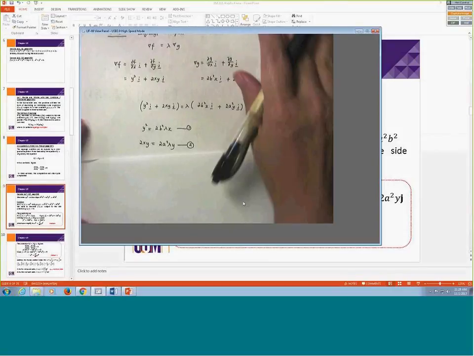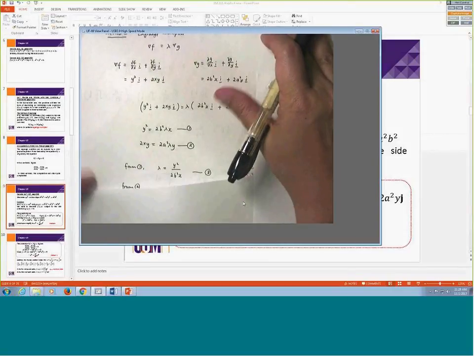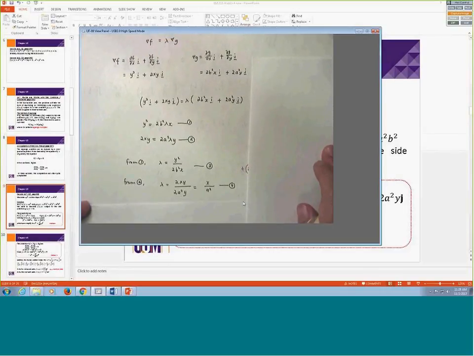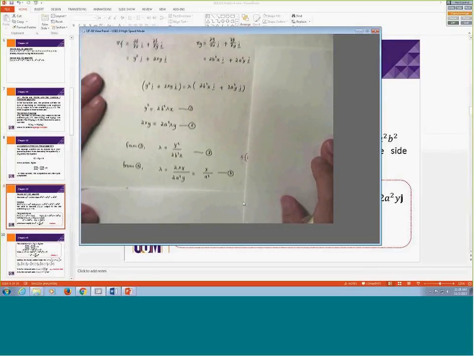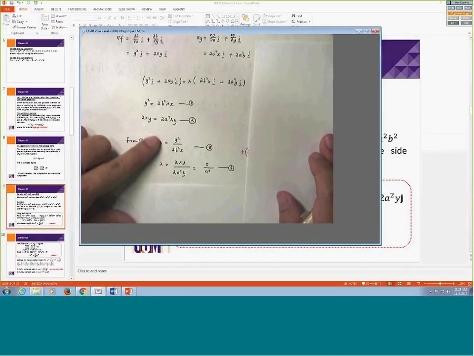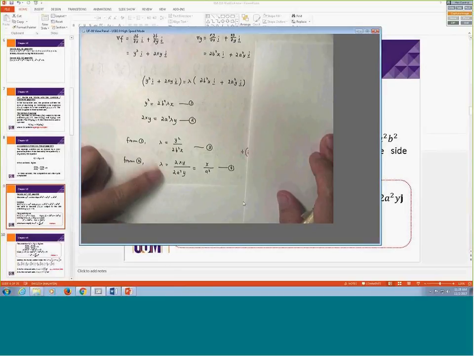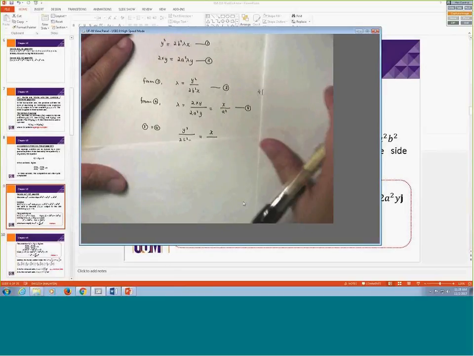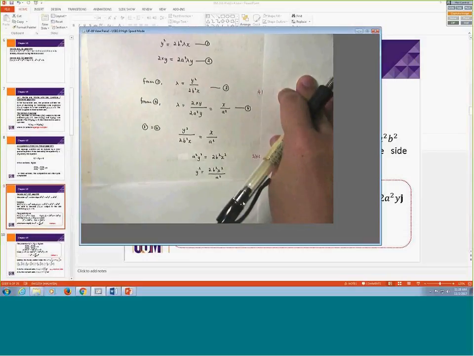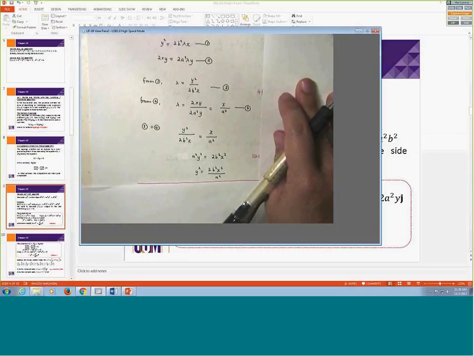From equation 1, I get this lambda. From equation 2, I get the lambda. Equation 3 equals equation 4 because both are for lambda. So I get y squared equals 2b squared x squared over a squared.